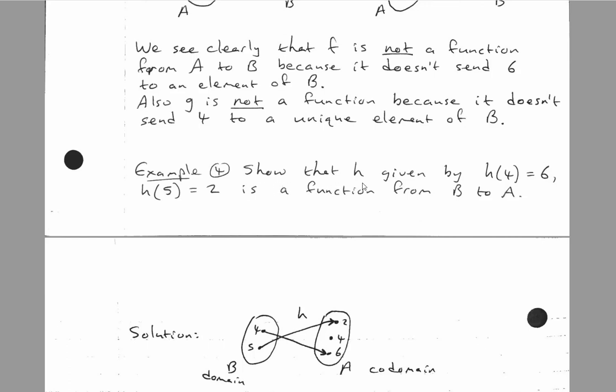Okay, how about this? This h is given by h of 4 equals 6, h of 5 equals 2. To show that this is a function from B to A this time.